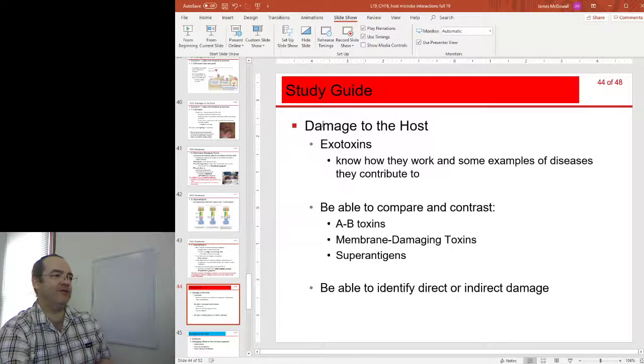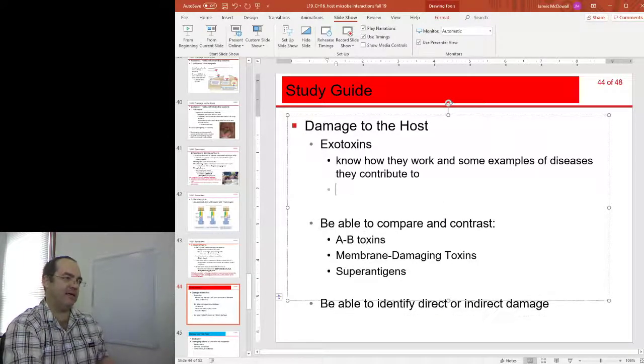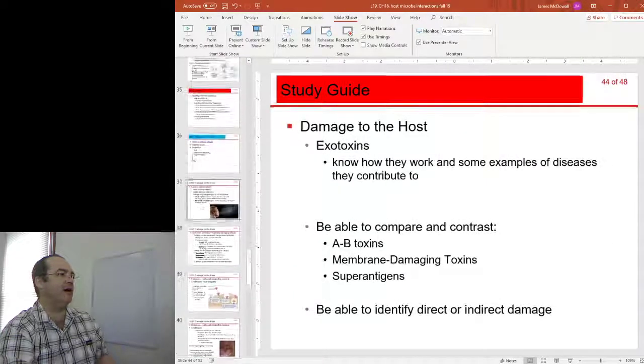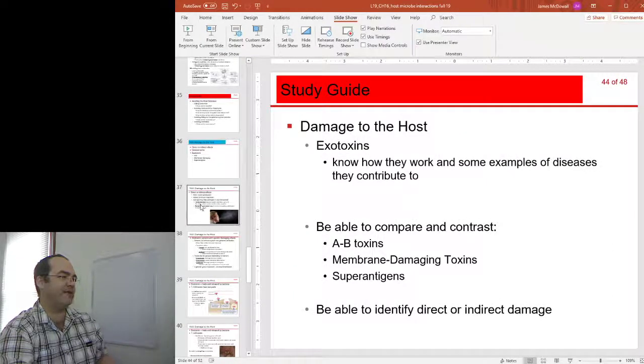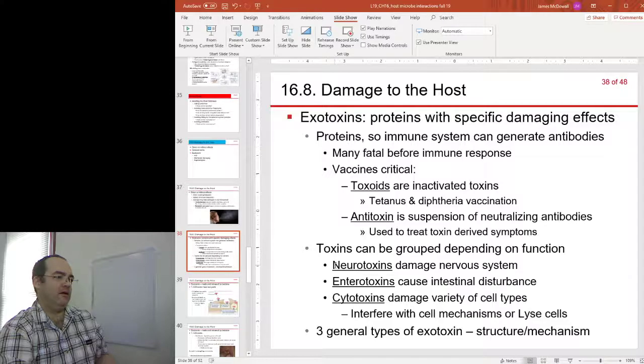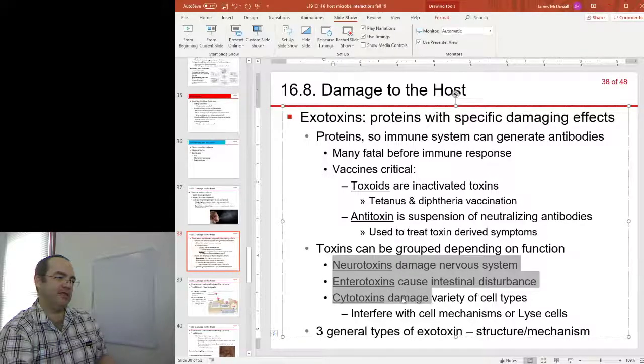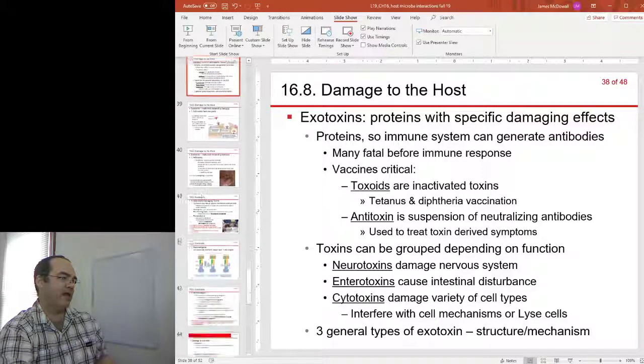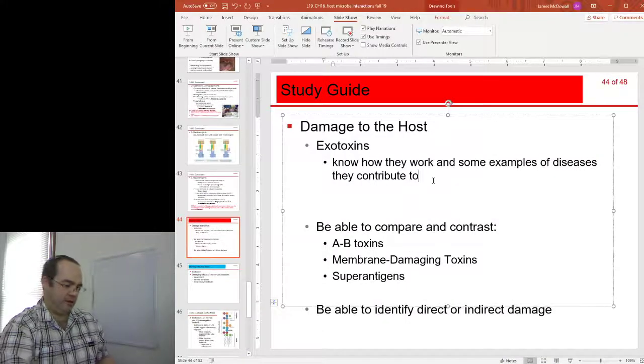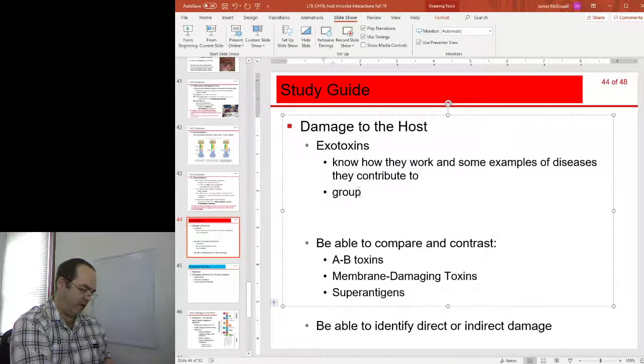Okay, study guide for this section. Damage to the host, exotoxins: know how they work and some examples of diseases they contribute to. Know that idea of the different effects of neurotoxins and enterotoxins and cytotoxins. So they're a group based on function.